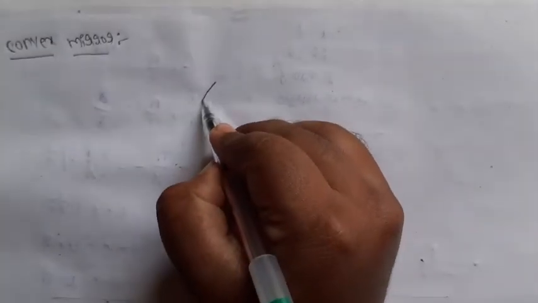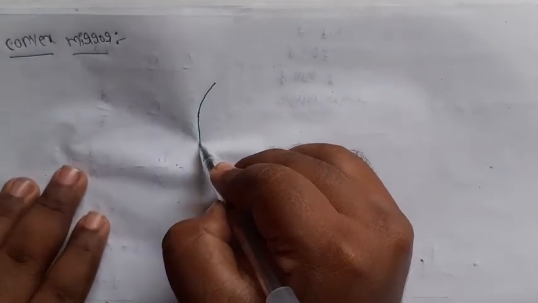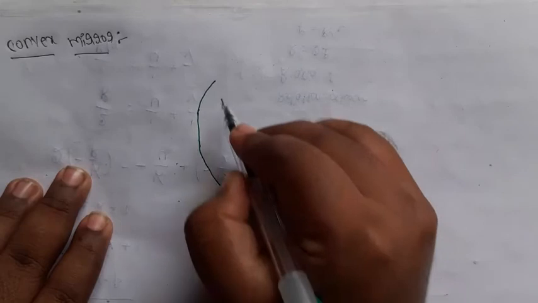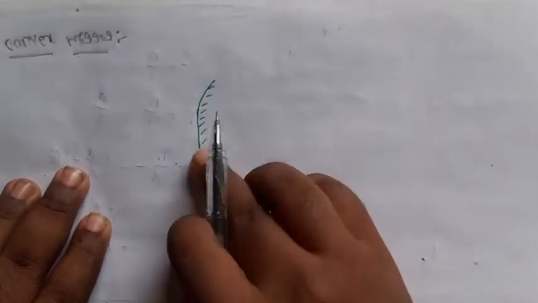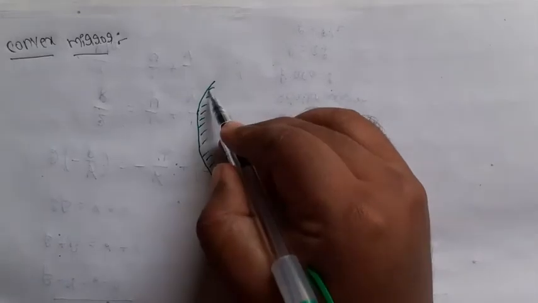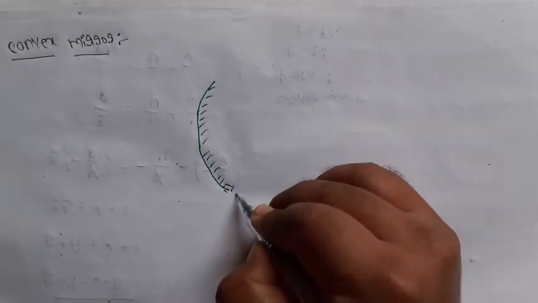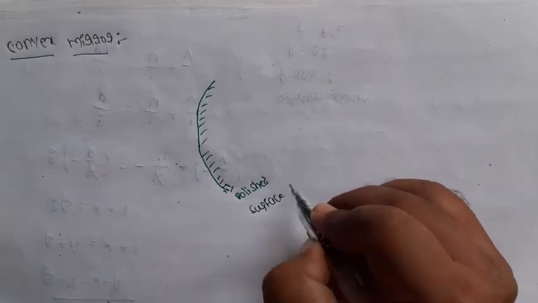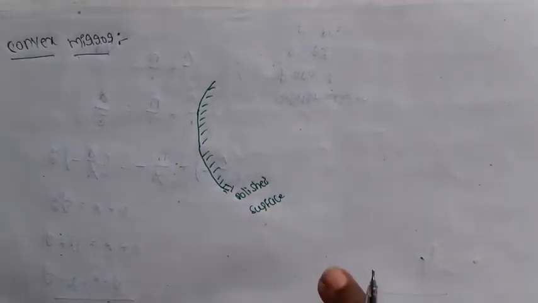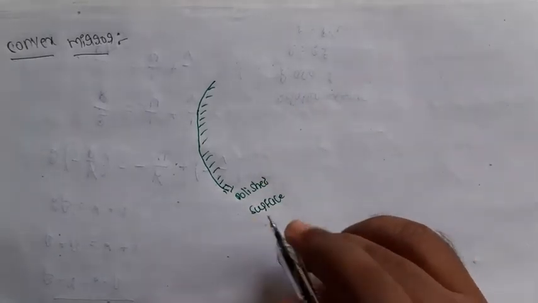this is a convex mirror. How do you say that this is a convex mirror? The polished surface is towards the center of the hollow sphere. This is the polished surface that is towards the hollow sphere.